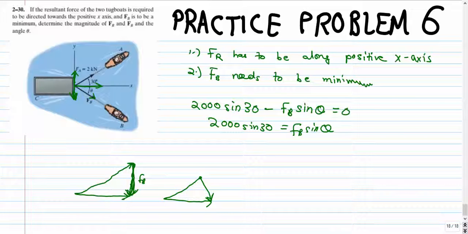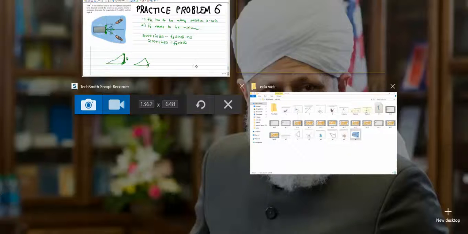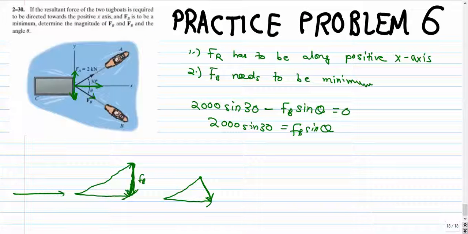Well, you can clearly see that this should be smaller than this. I know I've drawn this triangle a little bit smaller in size, but just imagine that if this triangle was the same size as this one, then this length would be larger than this one. Similarly, if our triangle looked like this, you can see again that this length is larger than this length.